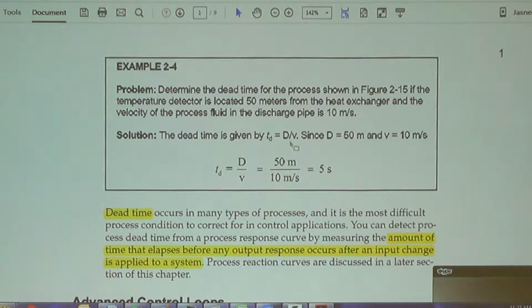So TD is equal to D by V. D is 50, V is 10 meters per second, so we have 5 seconds as the dead time.